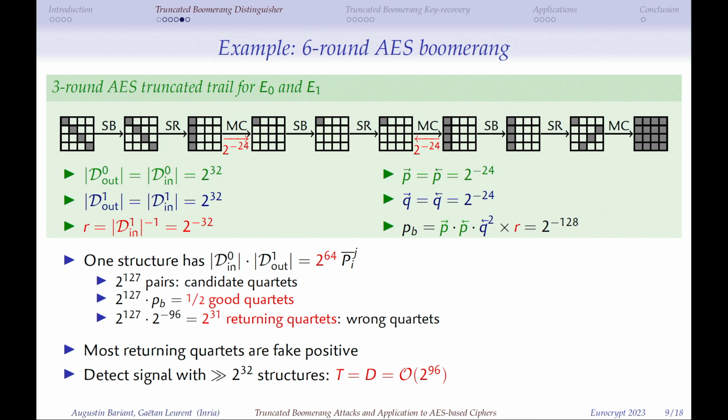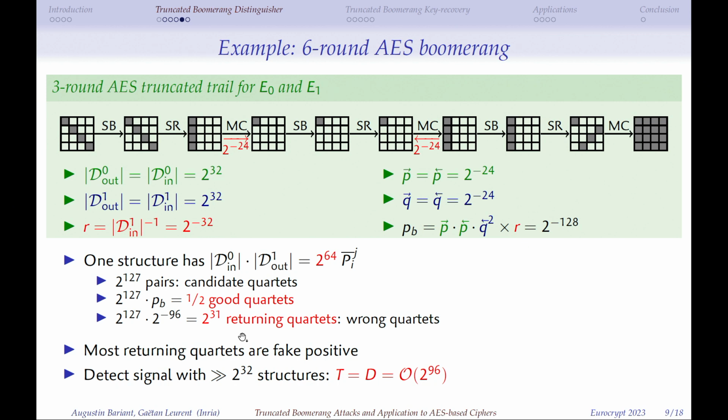So this means in one structure, we have 2^127 possible pairs to look at, and those will be candidates for quartets. And the probability of returning, when you compute it with the formula, you get 2^-128, and this means on average, you expect 1/2 good quartets in a structure. So that's not too bad.